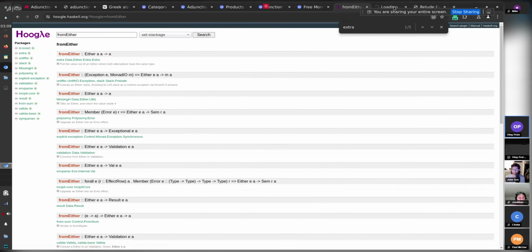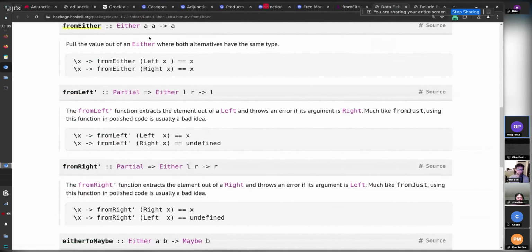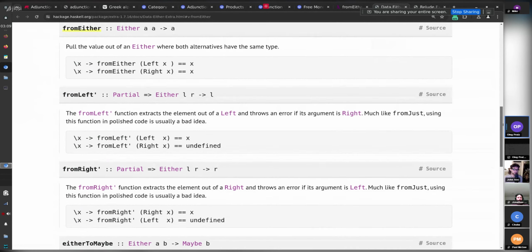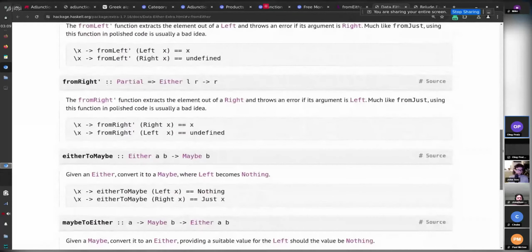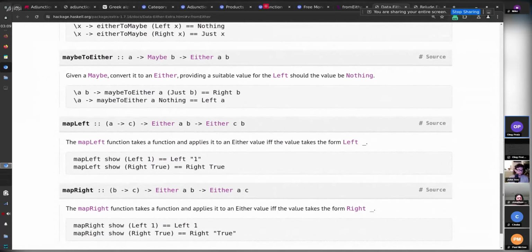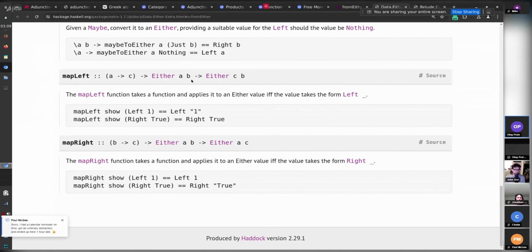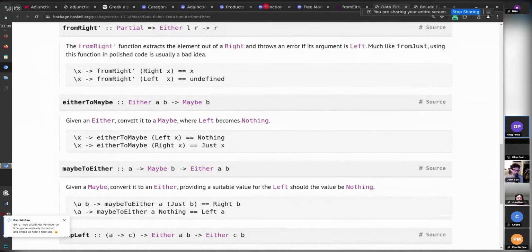Right. Yeah, that's the signature. And do we have anything that transforms morphisms here? Well, I think, no, that's just left and right.